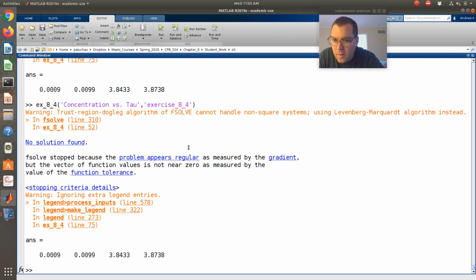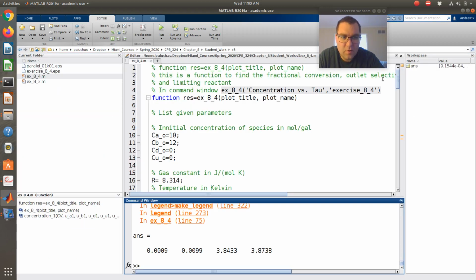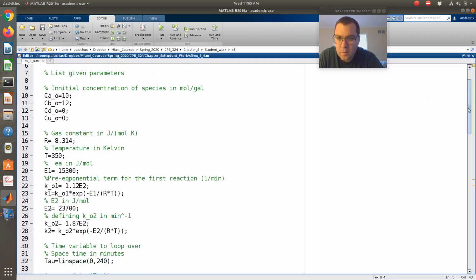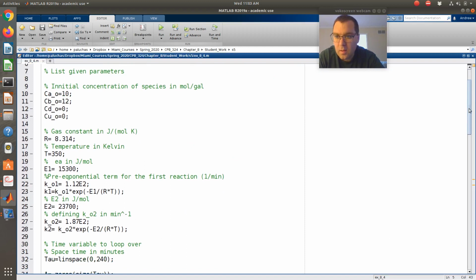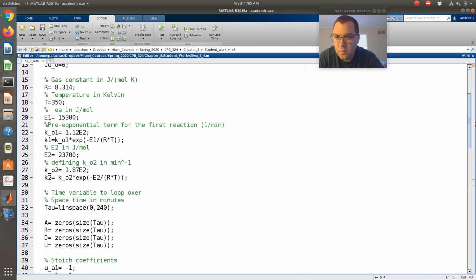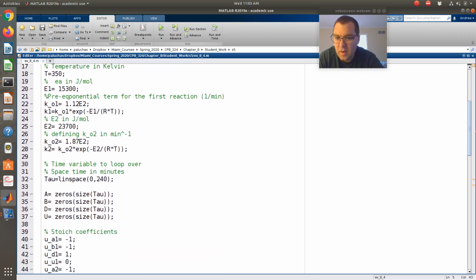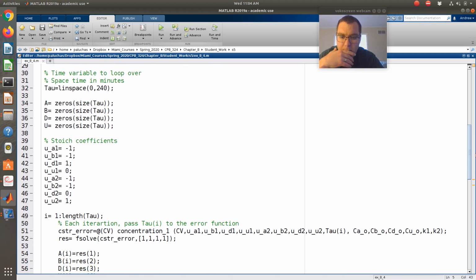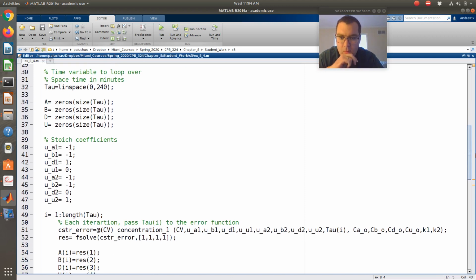So when I ran it here, we're told you have a non-square system. So that's telling us you have more equations than unknowns, or unknowns than equations. Okay, so let's look at this quickly. That's concentration of A, B, D, and U. Those are all scalars. These are all scalar quantities as well.